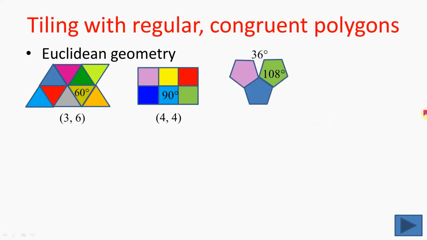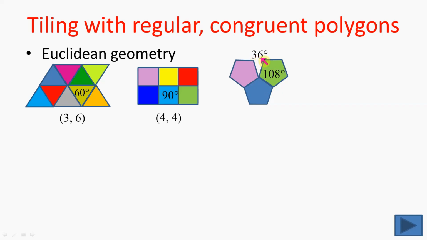What about pentagons? So if we have a pentagon and reflect it onto one edge and reflect again on the other edge, the 3 pentagons will not produce a total angle. The internal angle of a pentagon is 108 degrees, and if we multiply it by 3, we still have a 36 degrees deficit.